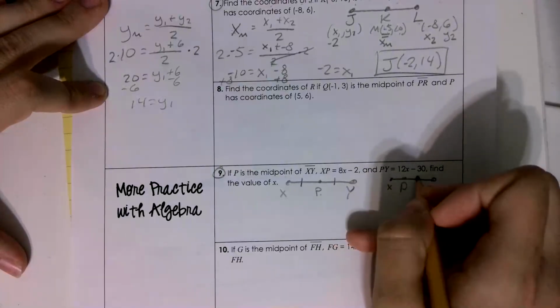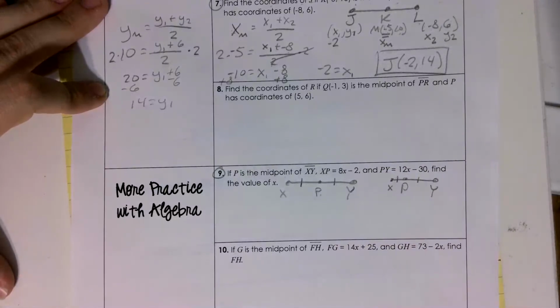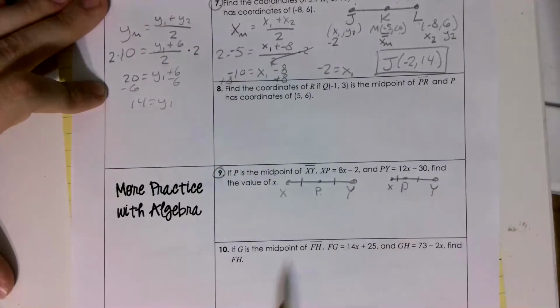If I do my dash marks, it doesn't matter if those don't look congruent. These little tick marks mean that they are. Even if they don't look it, they are.